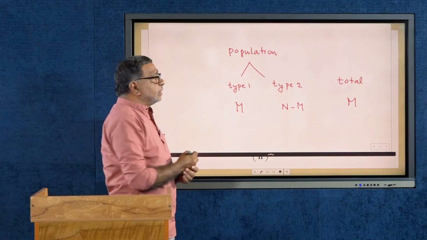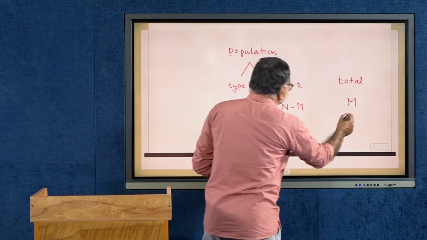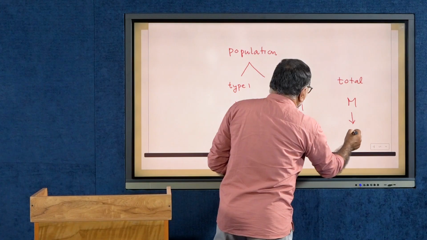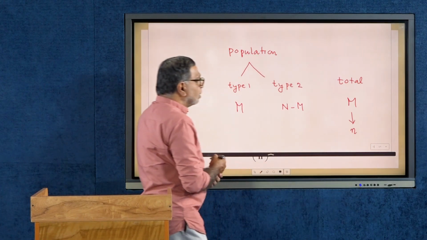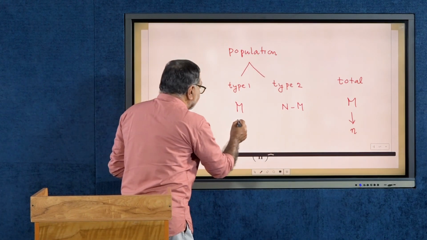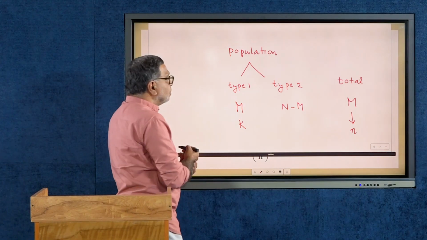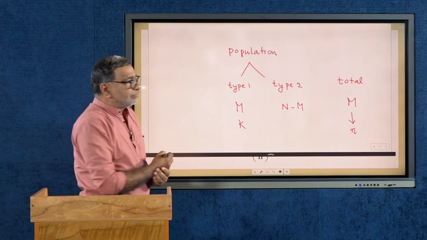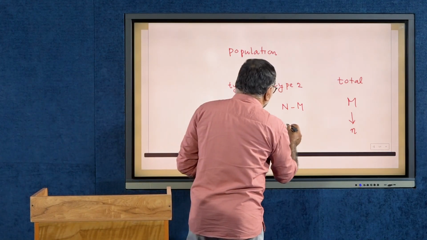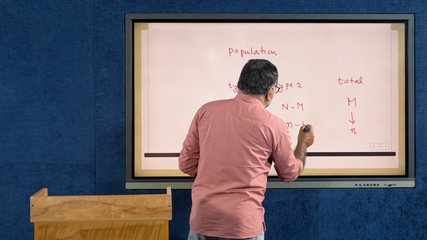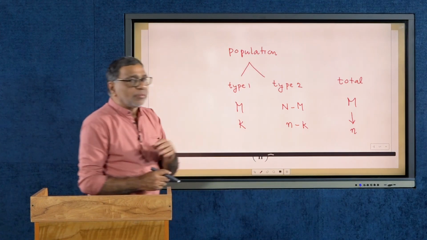And we are selecting n items from here, and suppose k items are of the first type and, of course, n minus k items of the second kind. So this is the problem.